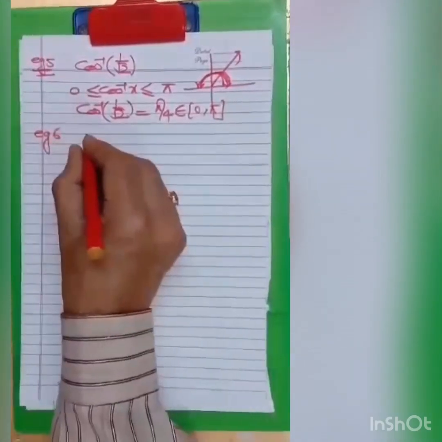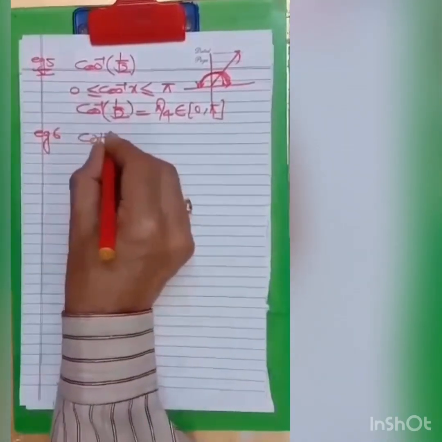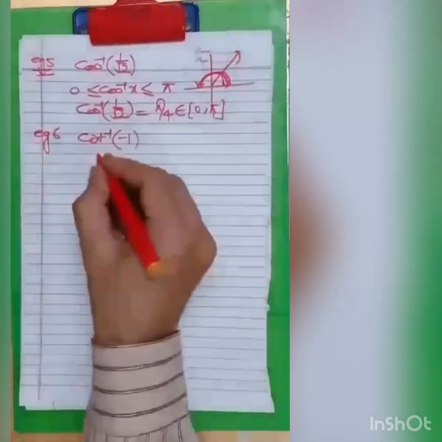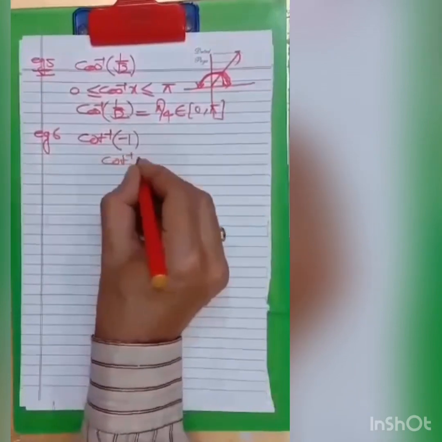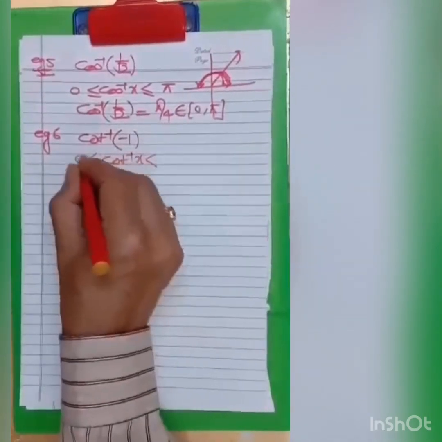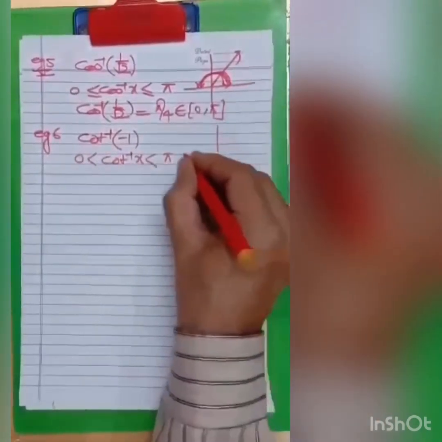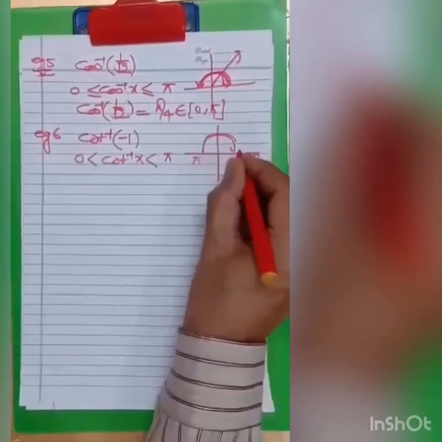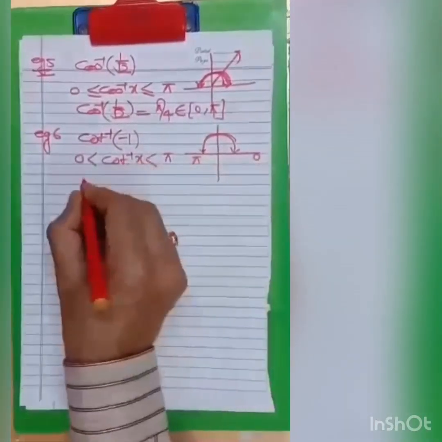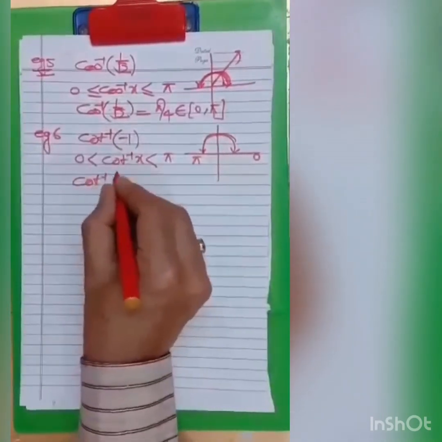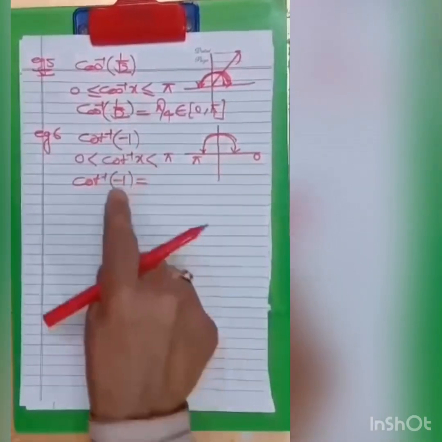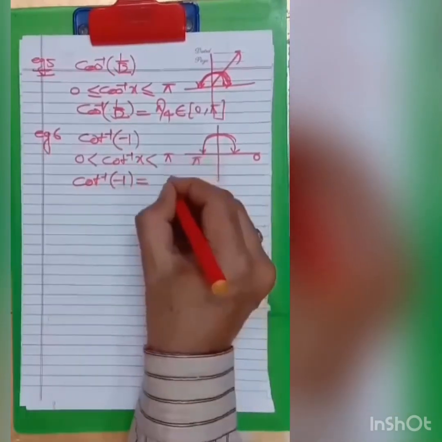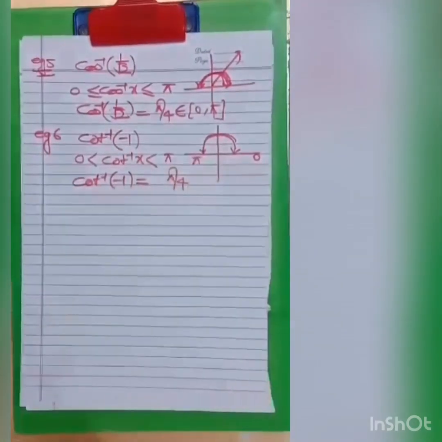Now in the case of cot, suppose you have cot inverse minus 1. Now you know that cot is lying in the open interval 0 to pi. In the same way we have the 0 to pi range. You know that the value of cot inverse of 1 is 45 degree. I am writing here 45.